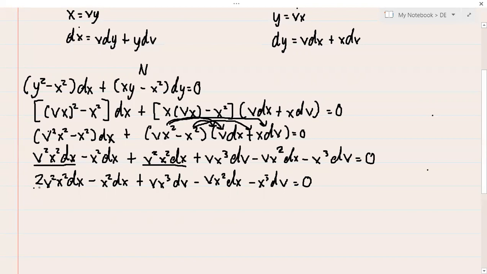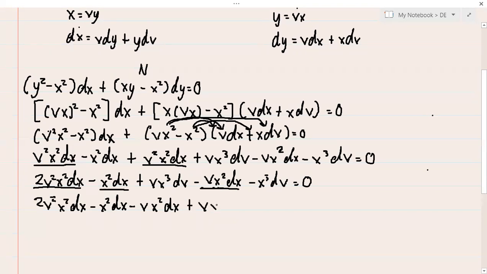So, yung mga dx, which is 2v squared x squared dx, negative x squared dx, at saka negative vx squared dx. Then yung mga natitira, sila yung mga dv. So, vx cubed dv minus x cubed dv.